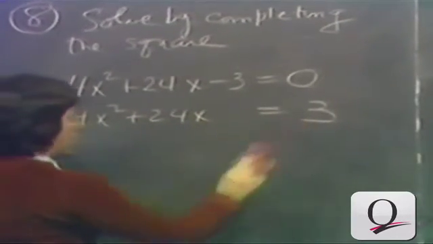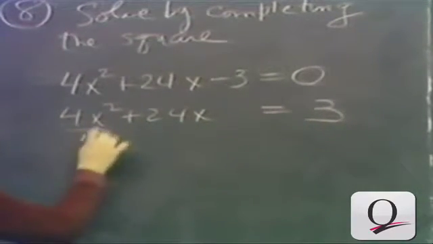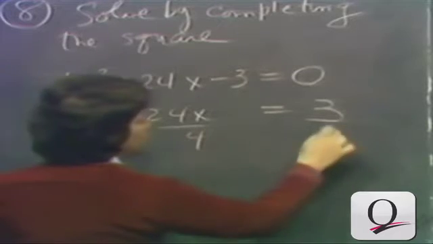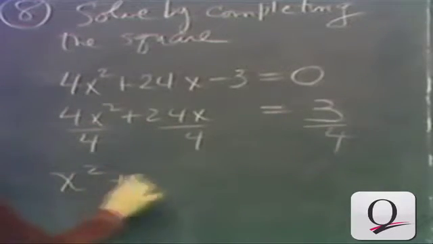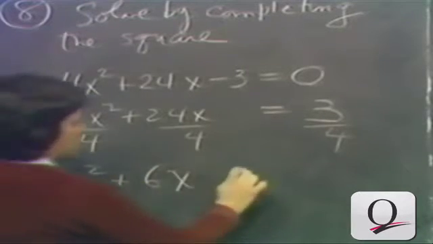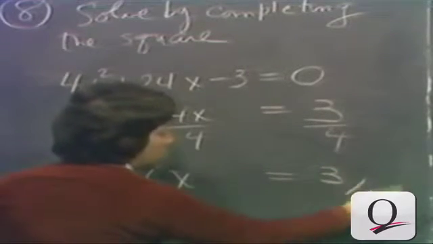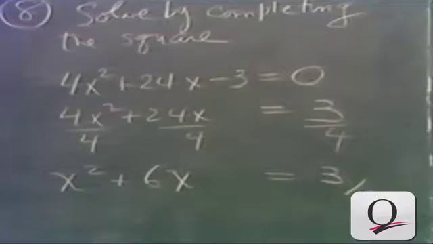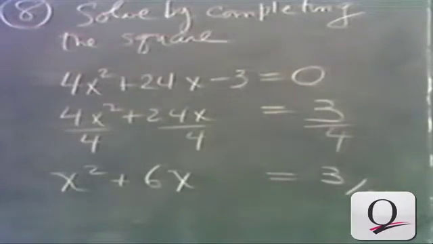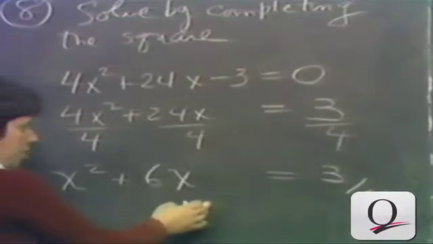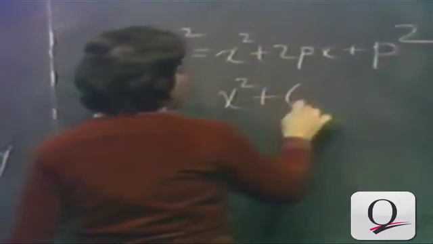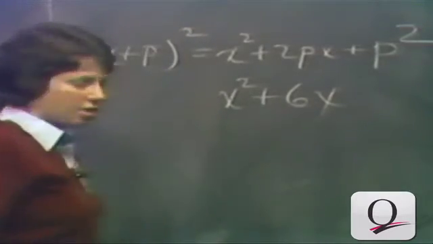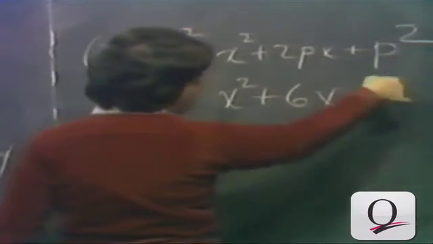Means every term gets divided by 4. 4x squared over 4, 24x over 4, equals 3 over 4. This gives us x squared plus 6x equals 3/4. And we want to add some quantity here so that this will be a perfect square. Going back over here, we have x squared plus 6x. We want to add p squared.